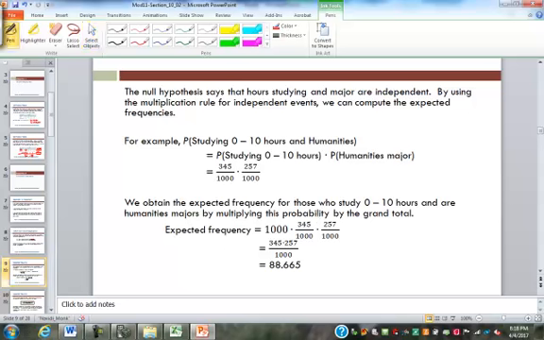They did the row probability, the row total divided by the grand total, and the column probability, the column total divided by the grand total, then multiplied by the grand total. One of those cancels out, and we have row times column divided by the grand total, which gives us that 88.665 frequency.